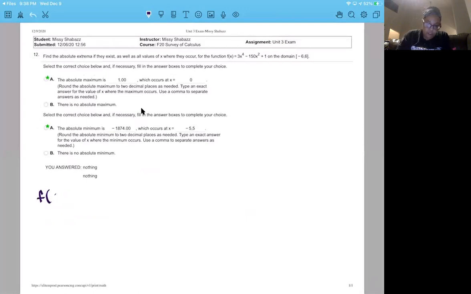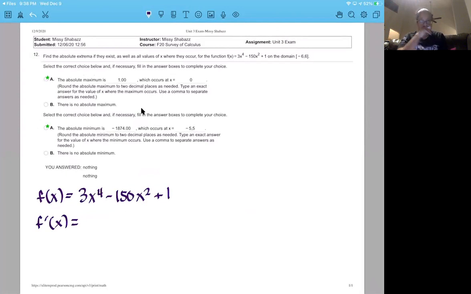So I know that if I'm on a closed interval, I will have an absolute max and I will have an absolute min, and they either occur at the endpoints or at the critical points. So I'm going to find my critical points.